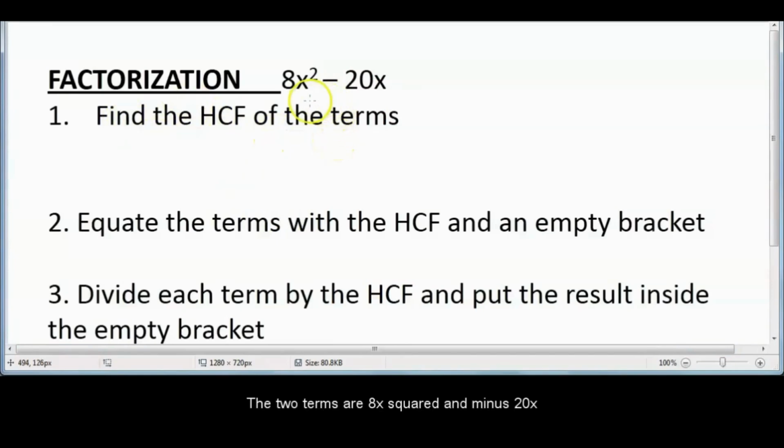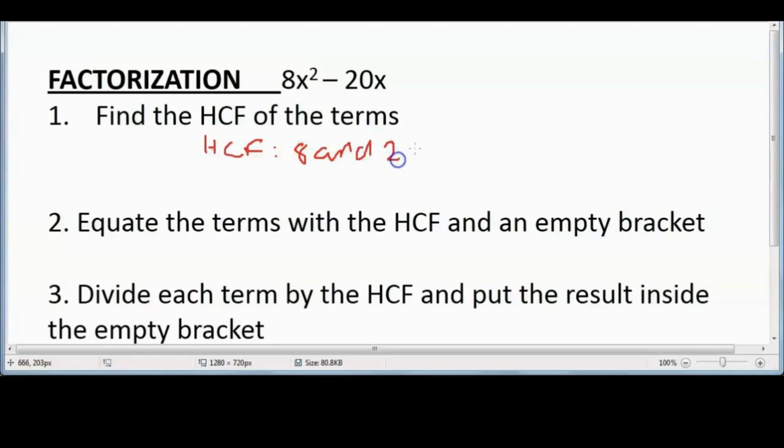The two terms are 8x squared and minus 20x. So we can write this as the HCF of 8 and 20 is equal to 4.